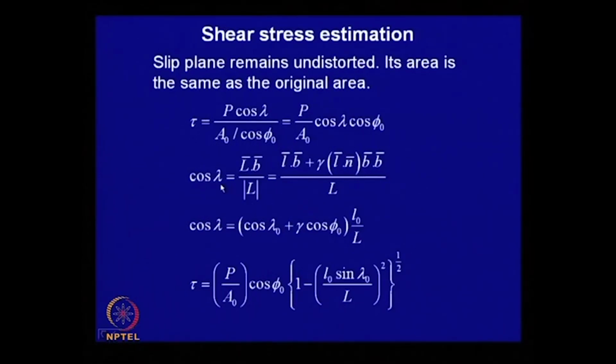And now, cos lambda you can easily find out as capital L dot B over magnitude L. So, once you go through this, you can get an estimate of shear stress, and this shear stress, apart from the initial orientation, is also a function of the length of the specimen at any instant.